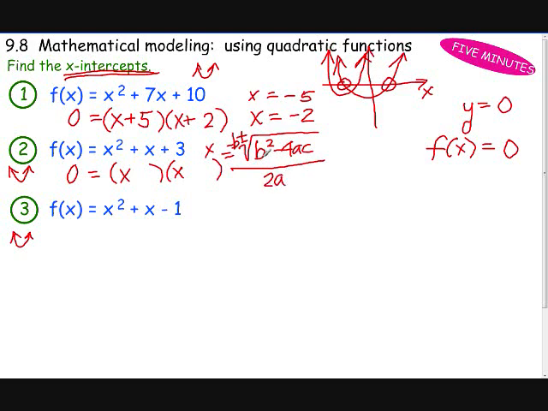If this discriminant is less than 0, we do not have a real number. If we don't have a real number, we do not have an x-intercept.